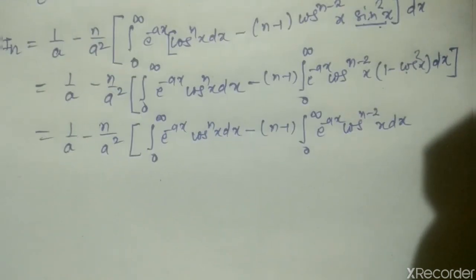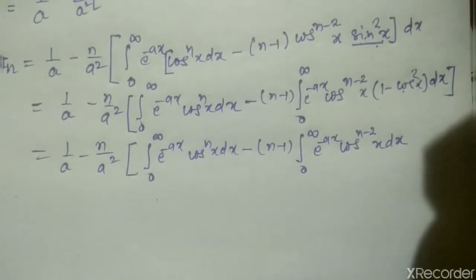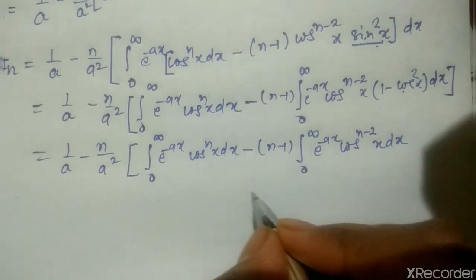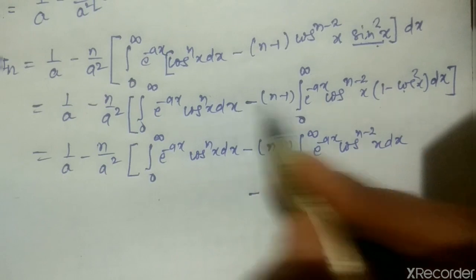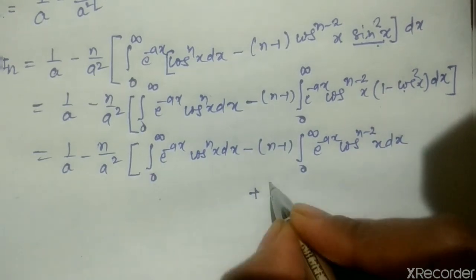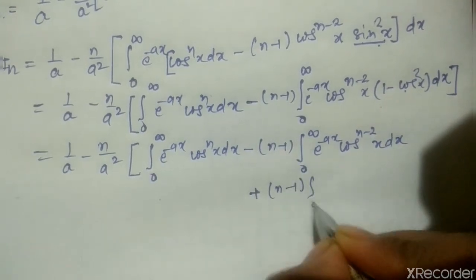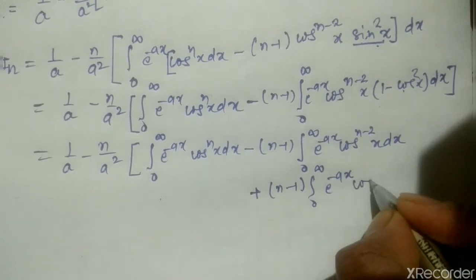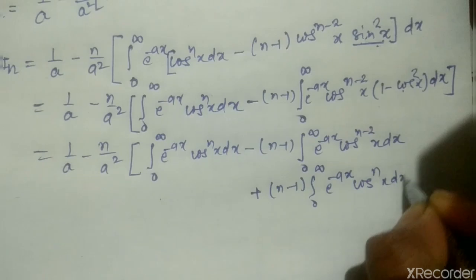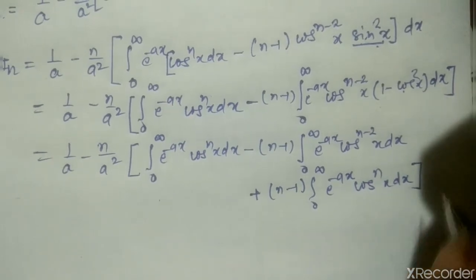And again we have the value like this, and then again we have a minus sign, so plus n minus 1, integral from 0 to infinity e to the power minus ax into cos nx dx, right?